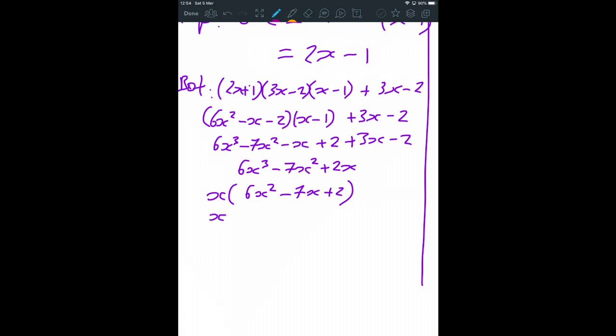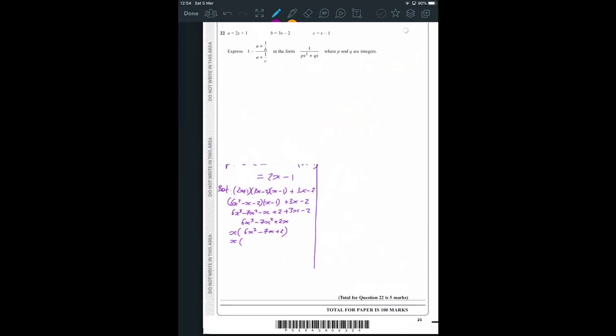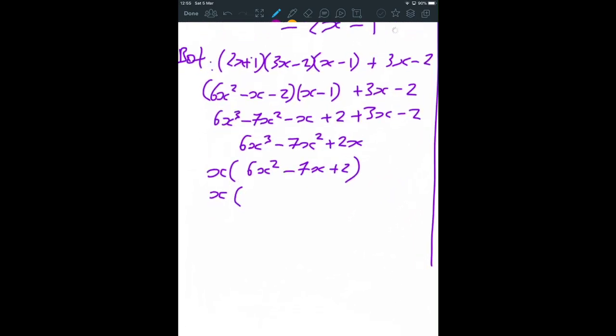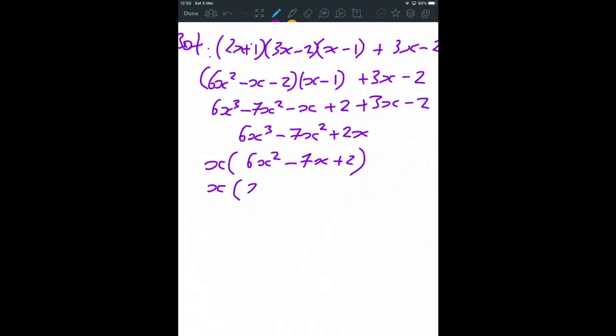Now I'm hoping, and if I go back to the question to kind of show why, I'm hoping that this quadratic here factorizes in a way that will cancel the 2x minus 1, which is going to be on the numerator. Because my answer is 1 over. So the 2x minus 1 in the top should cancel. So using that as a hint, I'm just going to predict that this does, and one of the brackets is 2x minus 1.